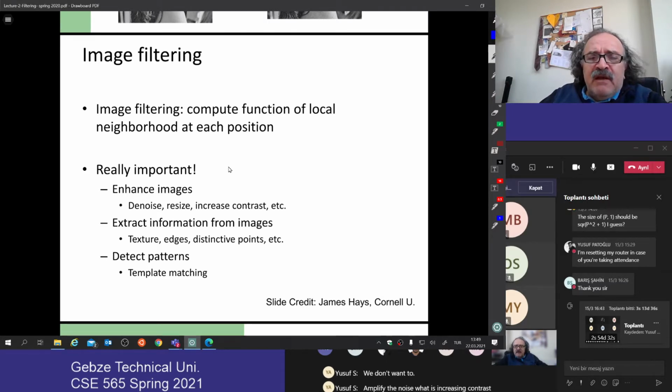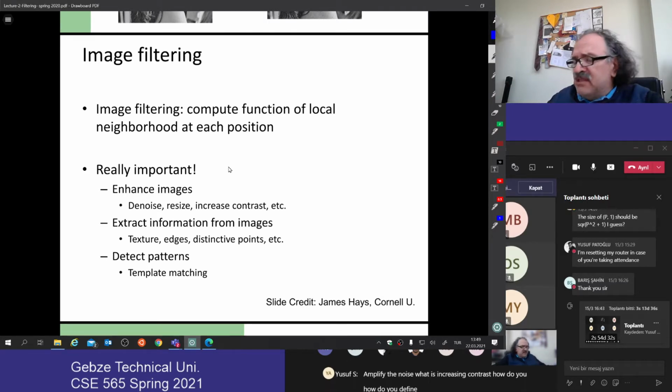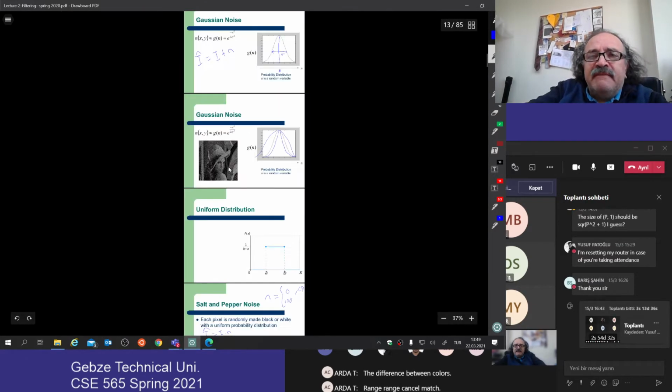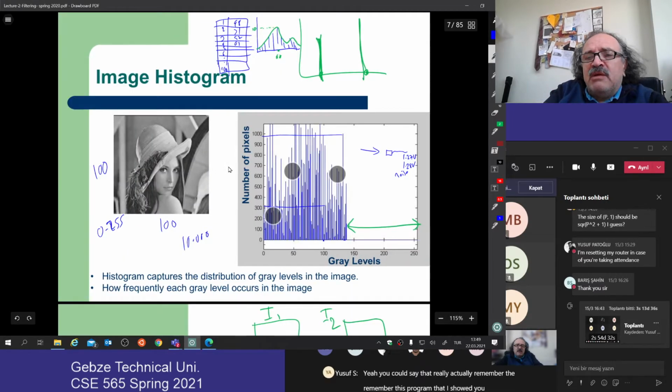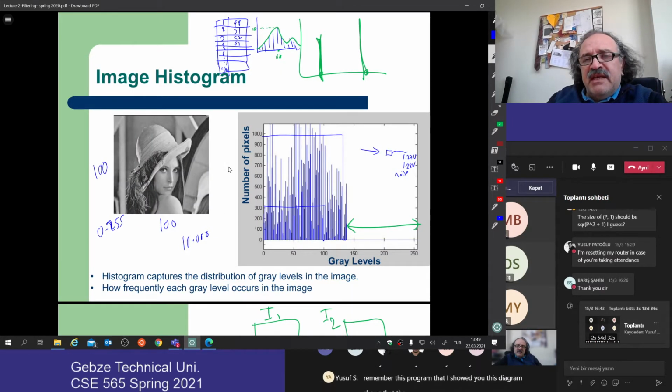What is increasing contrast? How do you define contrast? What is an image contrast? Can you tell me? The difference between colors. Range. Yeah, you could say that really. Remember the histogram that I showed you? This histogram shows that the contrast of the image is not that high. Why?